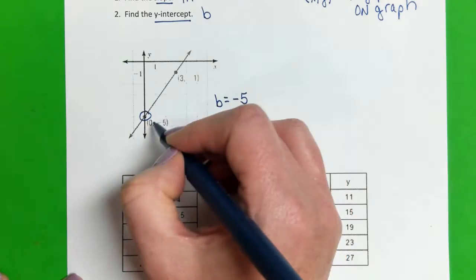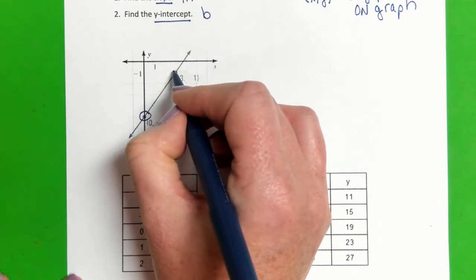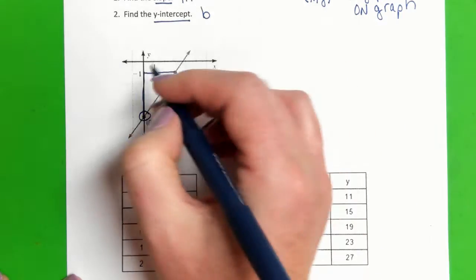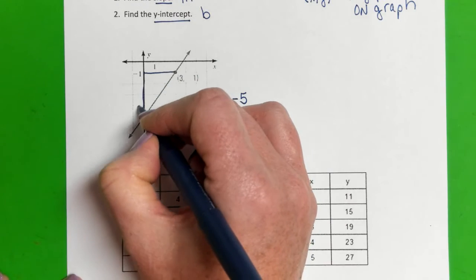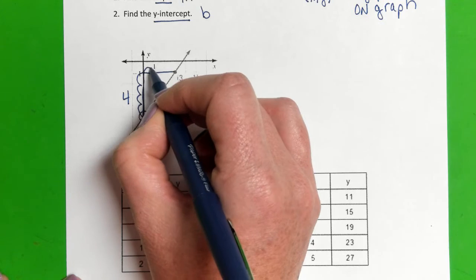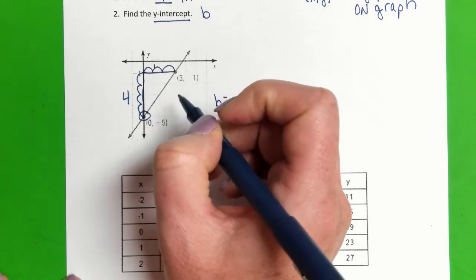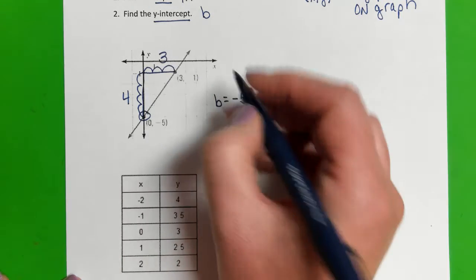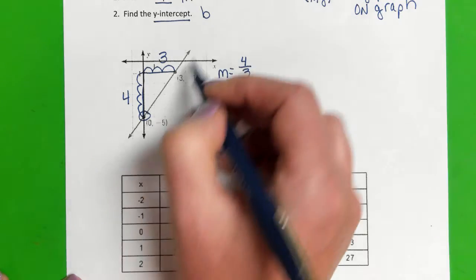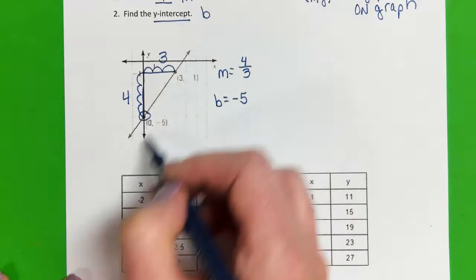Okay, now we need to find our slope. So we could use our slope formula, or we could draw a right triangle and do the rise over the run. So it'd be 1, 2, 3, 4. 1, 2, 3. And so our slope is the rise, 4 over 3. It is a positive slope.